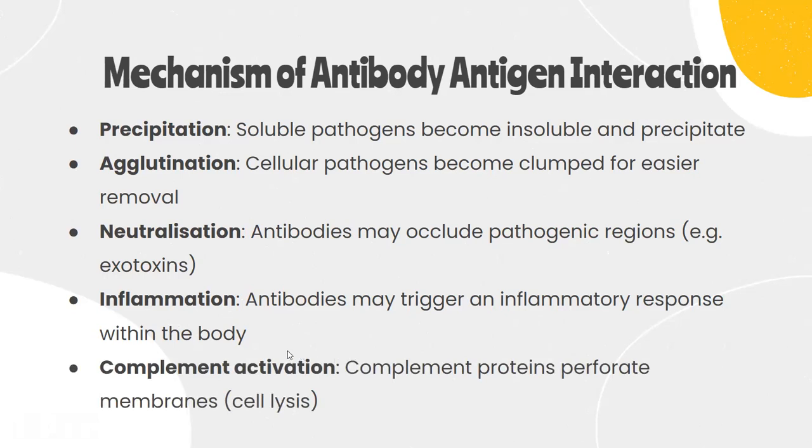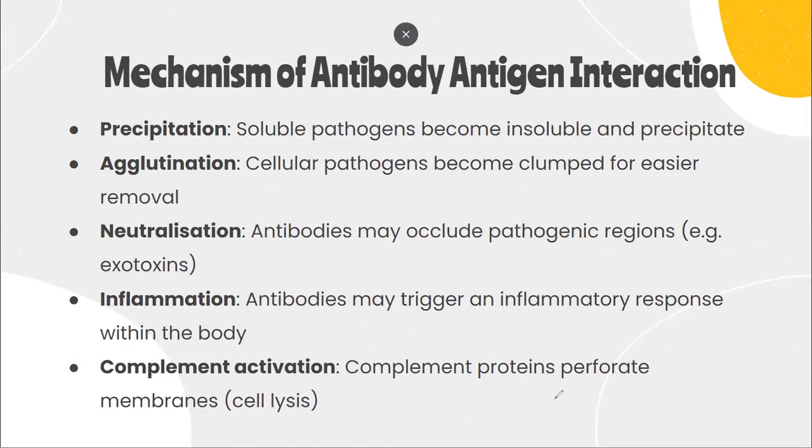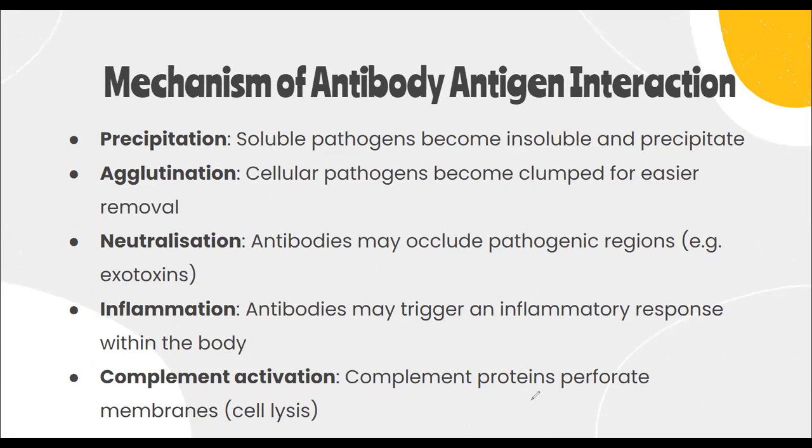And another type of mechanism of the antibody antigen interaction is by complement activation. These are another set of immune response molecules. These are basically proteins which will go and create holes in the infected cells with the help of perforins, granzymes.